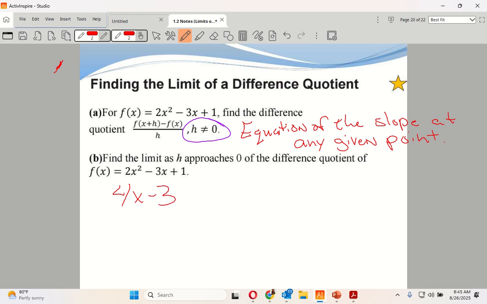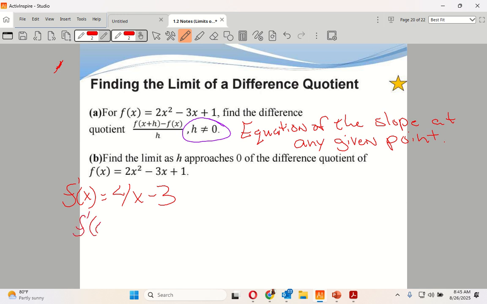And the notation for this, I'm going to show you now, is f prime of x. So let's say I want to find the slope of this equation when x is 0.